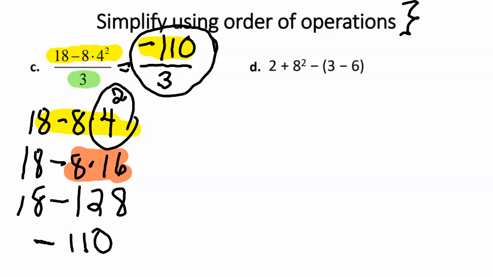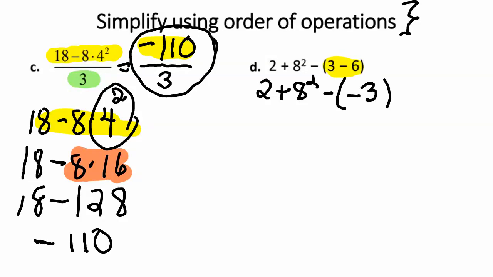Now, next one. Parentheses are going first, which means I am doing this first, which means I have 2 plus 8 squared minus, well, inside the parentheses, I'm going to get a negative 3.